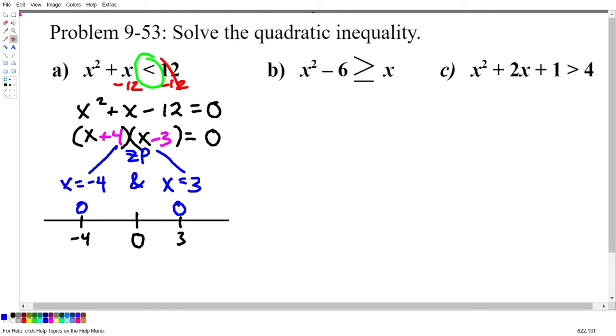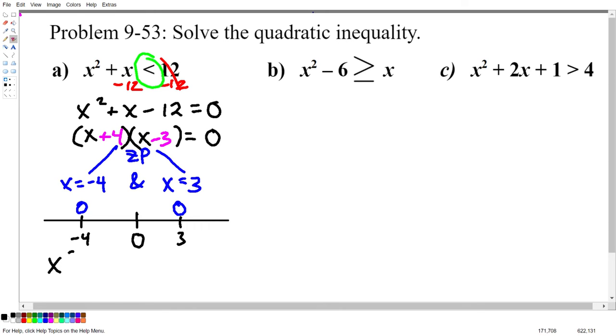How I'd like to do that is by testing a point. I'm going to go ahead and test if 0 is a solution. Now 0 is the easiest point to try out.